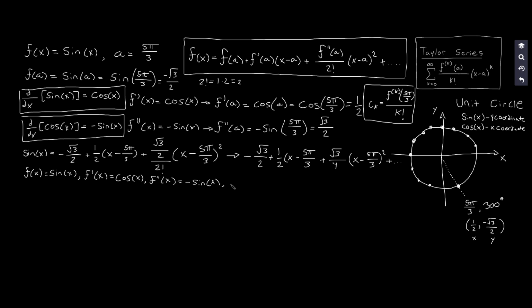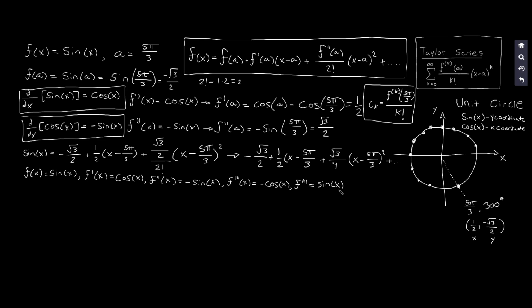And then if we're going to grab the f triple prime of x, that means we're going to take the derivative of negative sine of x. Now that's going to be negative cosine of x. And then if you take the fourth derivative of sine of x, it's going to be sine of x. And this pattern will continue for every 4 derivatives. They're cyclical. They have a cyclical nature.